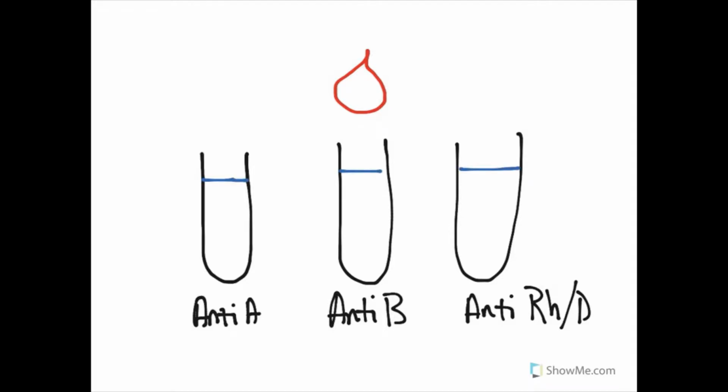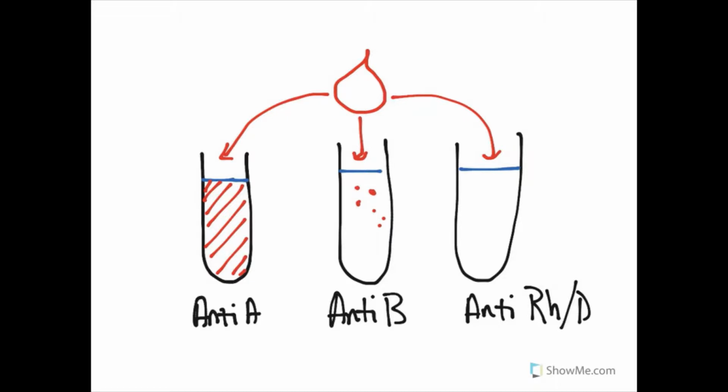Now, if I took this blood here and I add it to all 3 test tubes, and I get these results. So I mix it here, no clumping, it mixes in nicely. Here, I get some pretty widespread clumps. I get some visible agglutination here, and agglutination here.